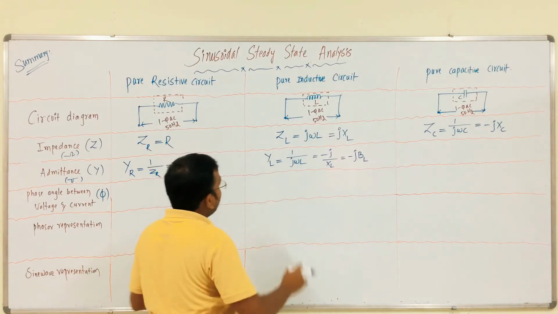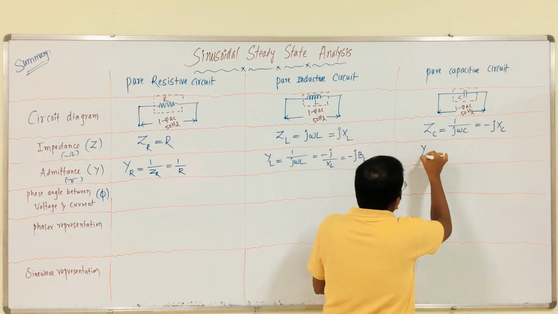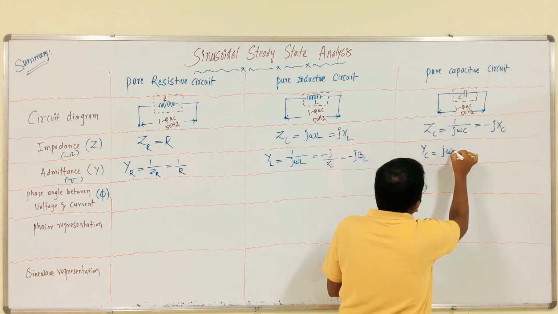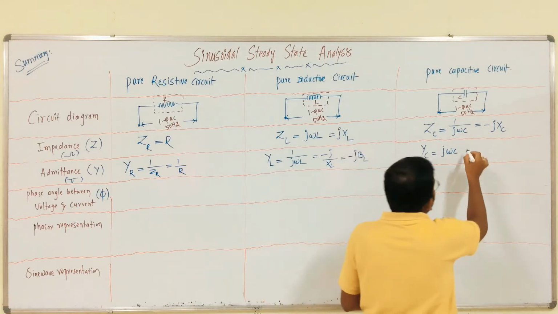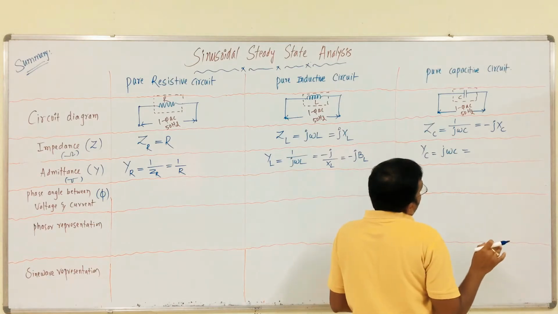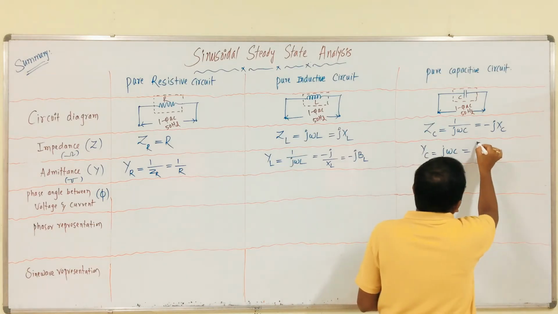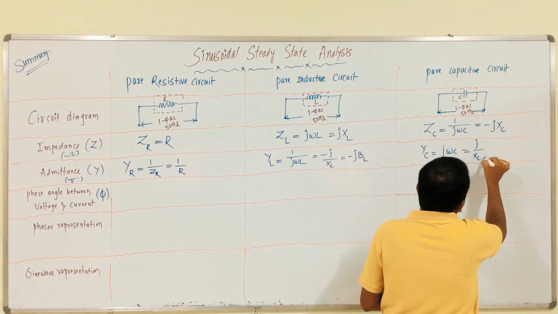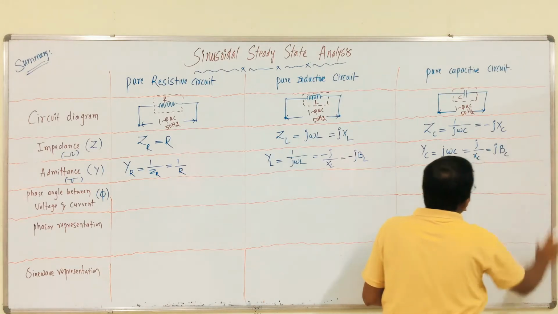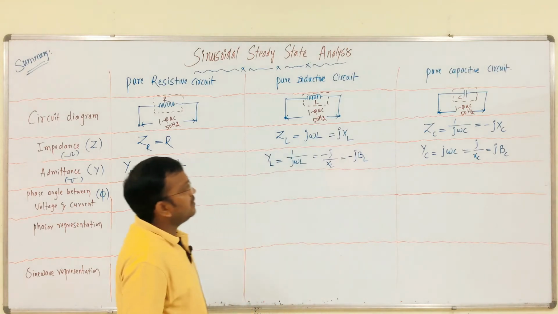Okay, now we need to write like this. We have YC, which is 1 by ZC, that is j omega C, which is equal to 1 by minus j XC, that is j by XC. We can write j by XC, which is equal to j BC, capacitive susceptance. Okay, this is about YC.